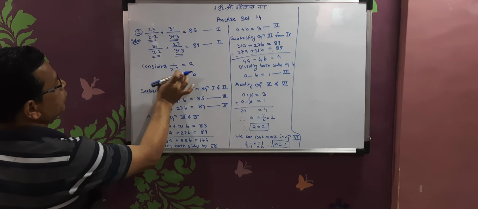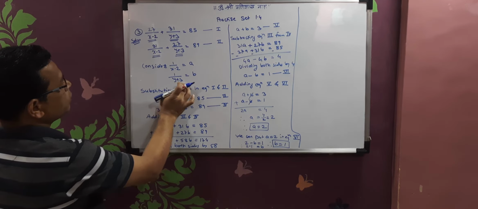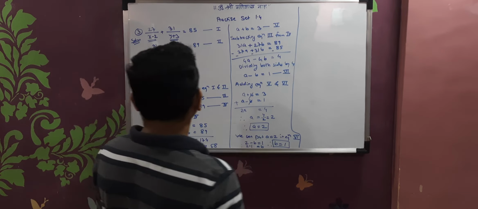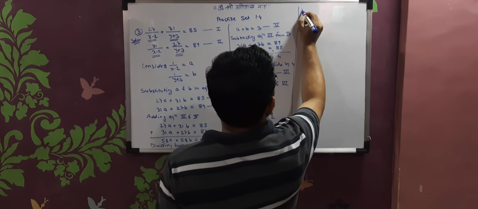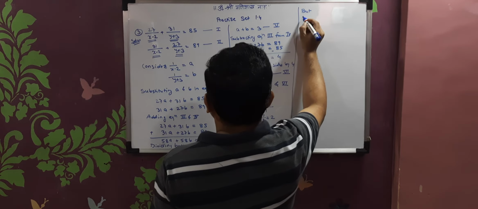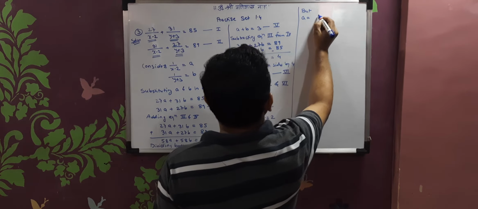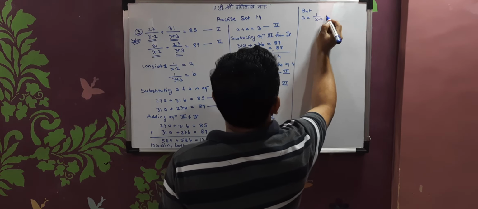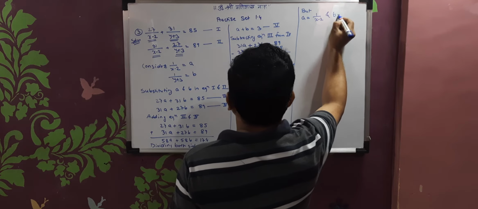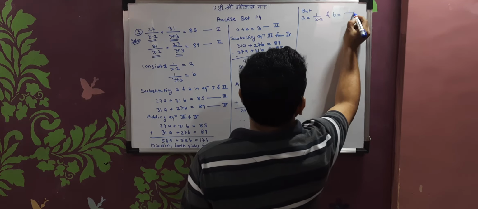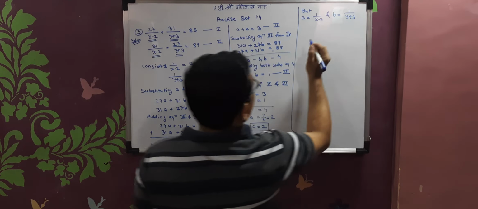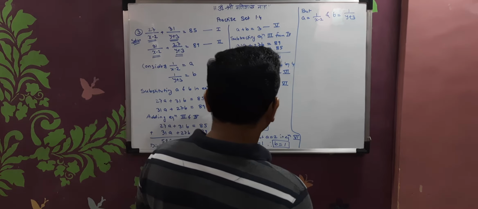1 upon x minus 2 is equal to A and 1 upon y plus 3 is equal to B. So what is the value of A?